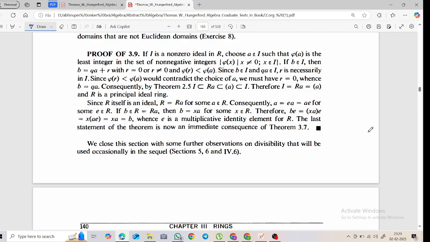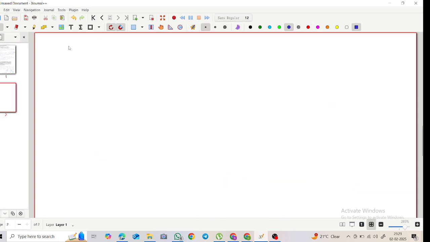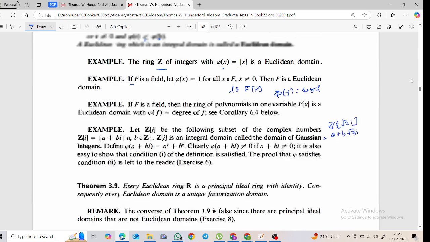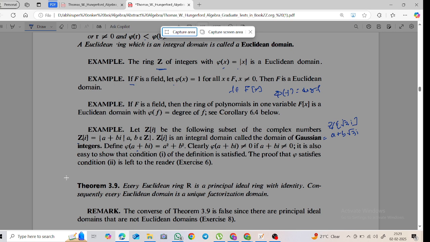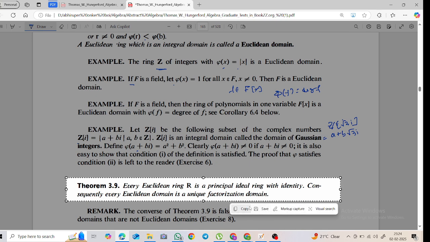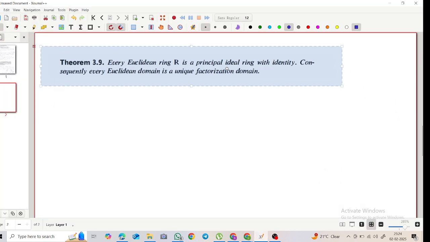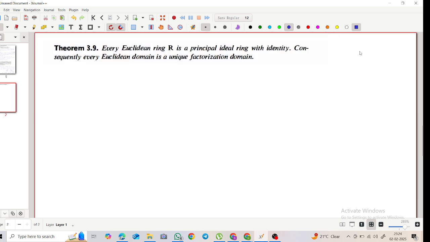Every Euclidean domain is a principal ideal domain. Let's prove that every Euclidean domain is a principal ideal domain.